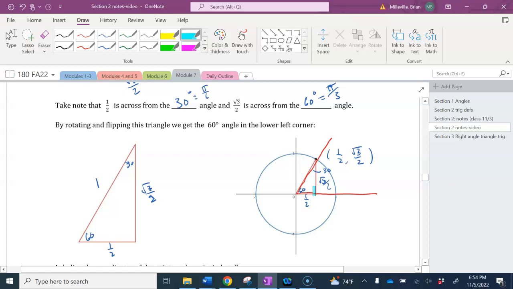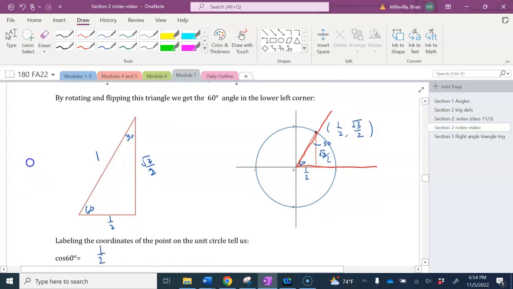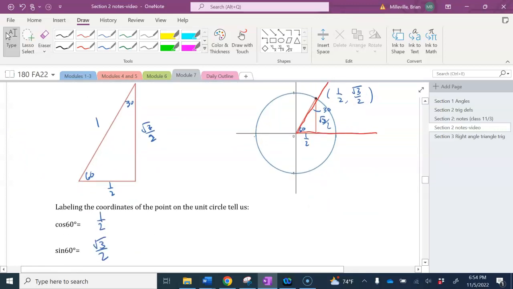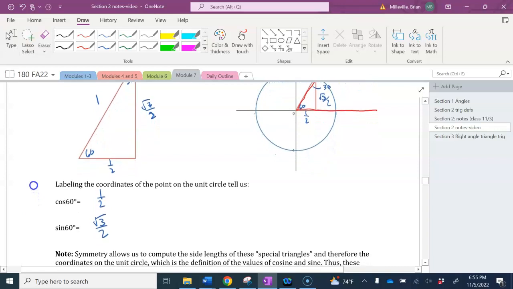Now, across from the 60-degree angle, we have the square root of 3 over 2 as the height and 1/2 as the base length across from 30 degrees, and therefore our x-coordinate is 1/2 and y-coordinate is square root 3 over 2 respectively there. Which again tells us we know some values for cosine and sine. Cosine is the x-coordinate, sine is the y-coordinate, so it's another pair of values that we know.